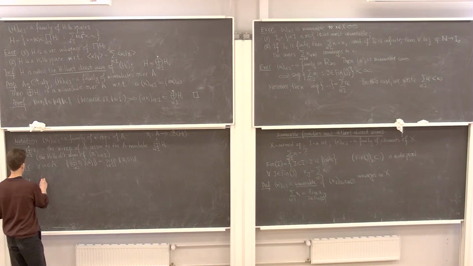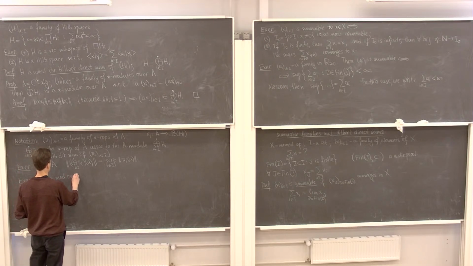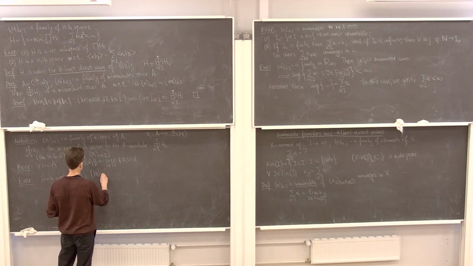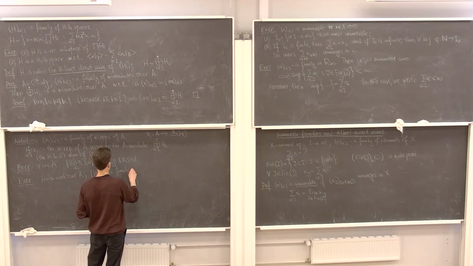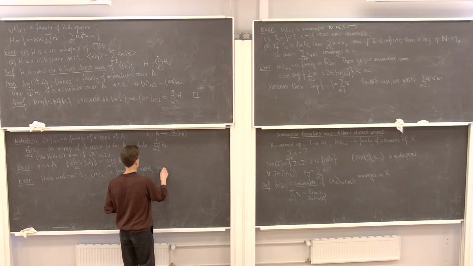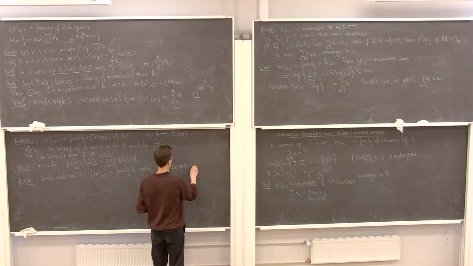So suppose that H is a star module over A, and H_i is a family of closed and pairwise orthogonal submodules of H.